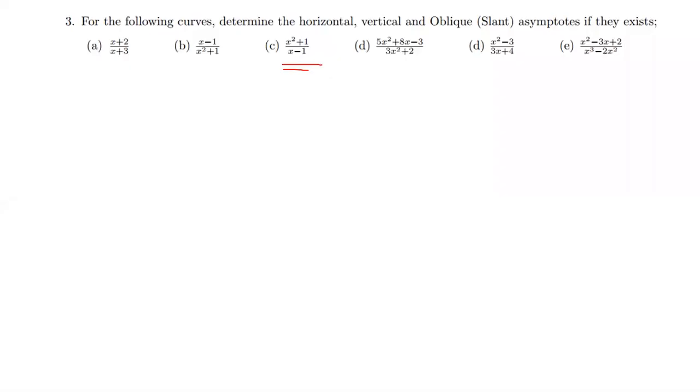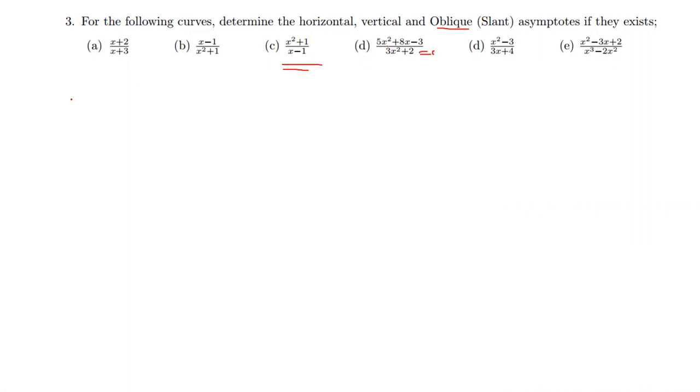Okay. So I ended on this one. So for this one here, we said since the degree of the denominator and the degree of the numerator are the same, meaning it has no oblique asymptote. And then let us try to find the vertical asymptote. I said you equate the denominator to 0.